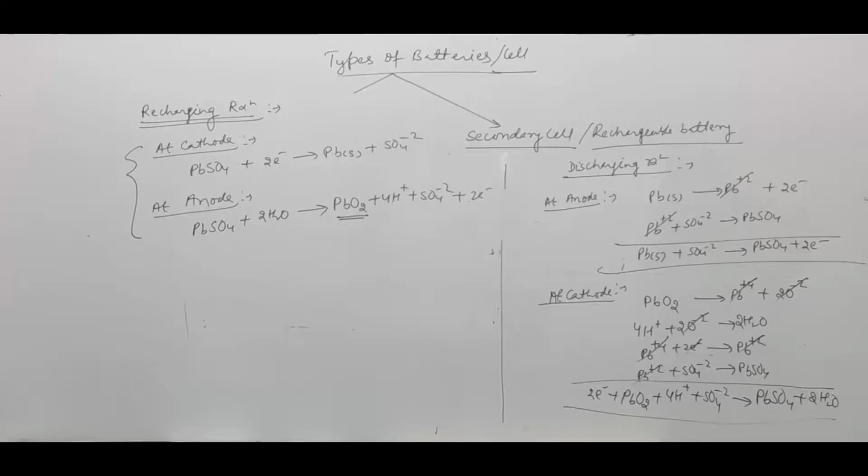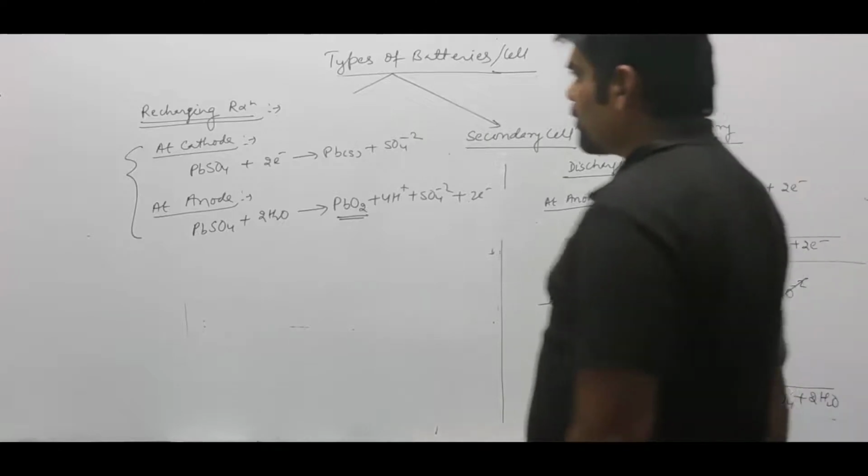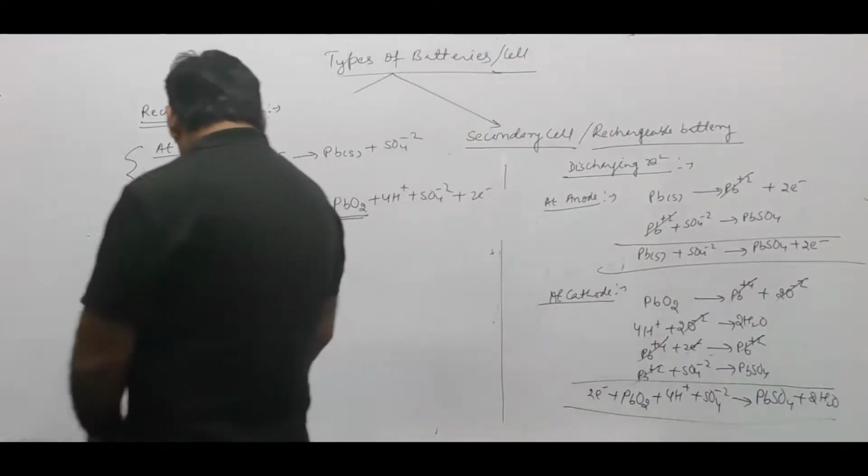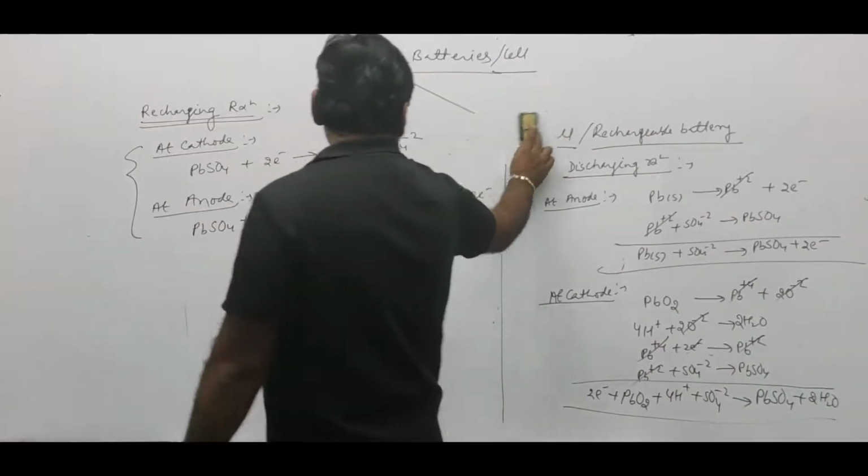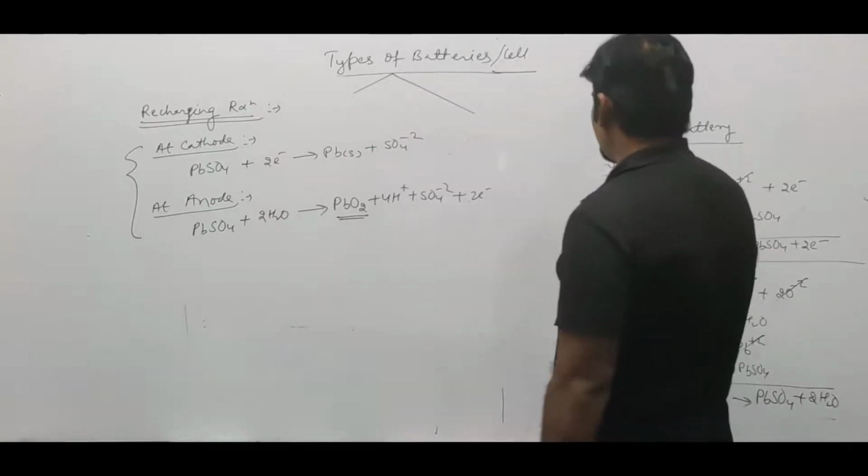In automobiles, 6 plates are connected in series, providing 12 volt EMF.